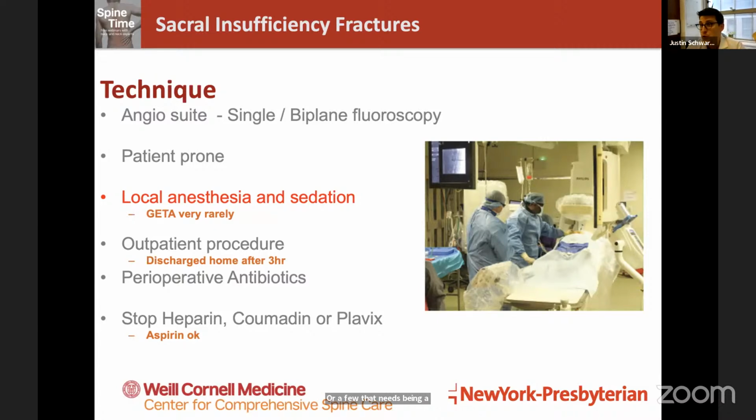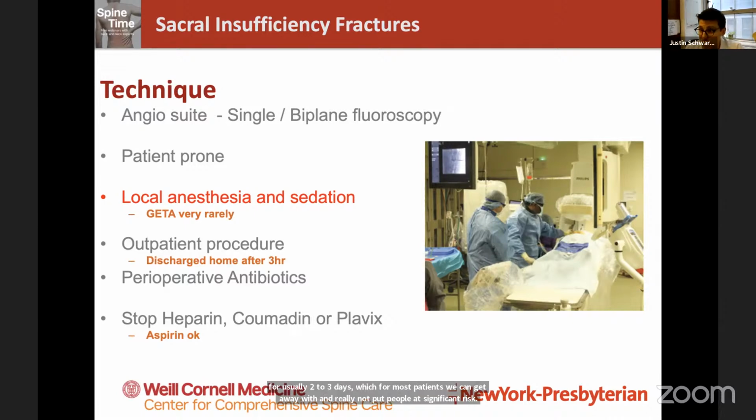We can typically do this with patients on aspirin, which really minimizes the risks otherwise outside of the procedure. And for any anticoagulation, we usually only require it being held for 2 to 3 days, which for most patients we can get away with and really not put people at significant risk.